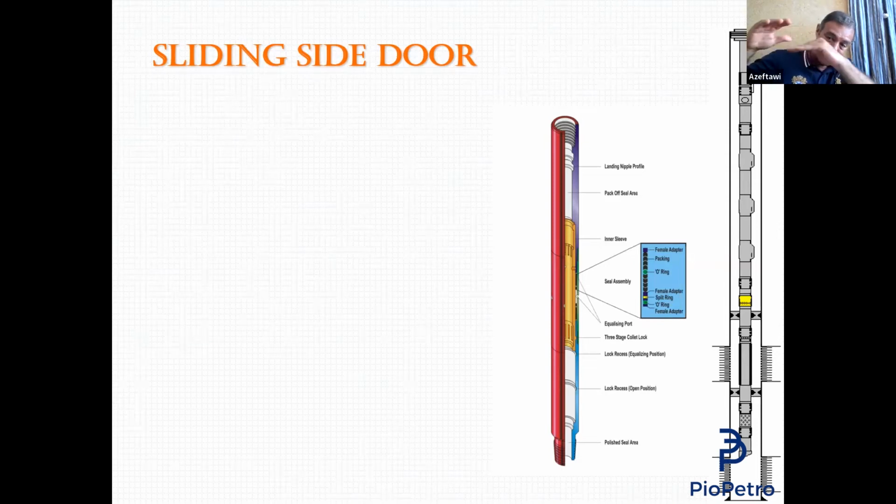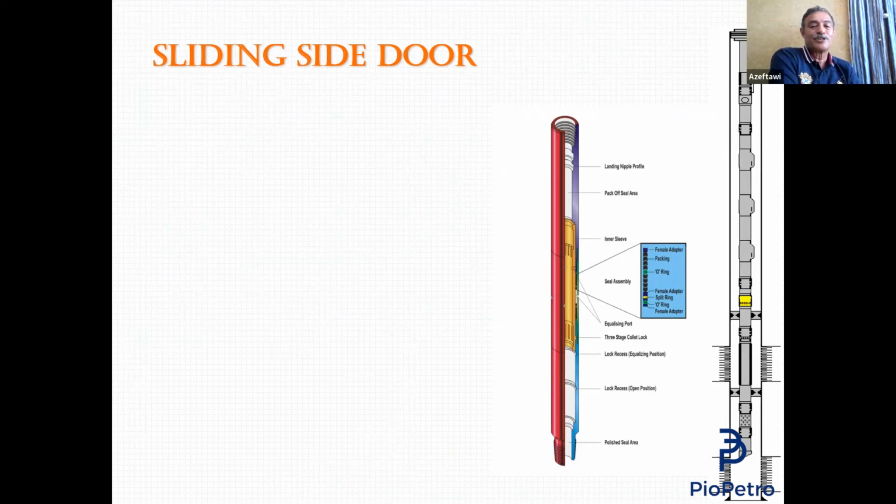If you put the SSD just above the packer, then over time, the fluid in the annulus will definitely cause settlement of scales and debris on top of the packer. If these scales accumulate on top of the packer, they will make your SSD, which you put just above the packer, stuck. You will not be able to open it.